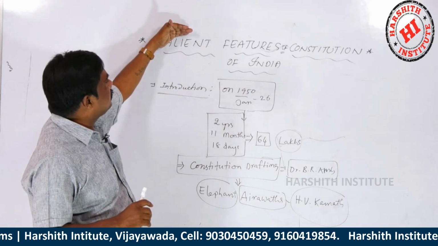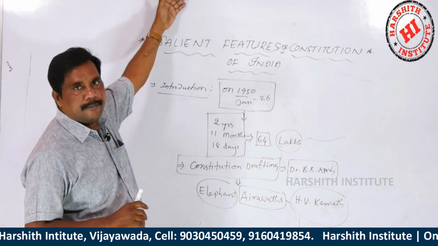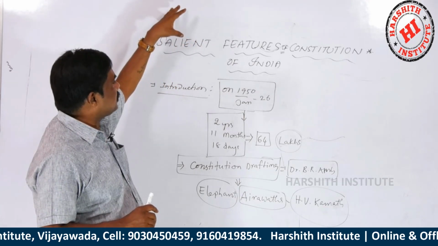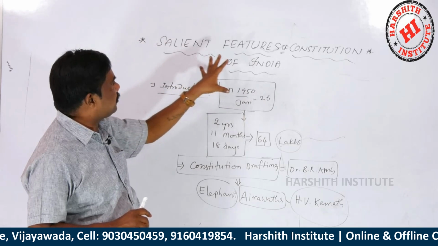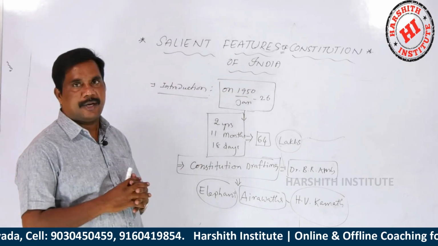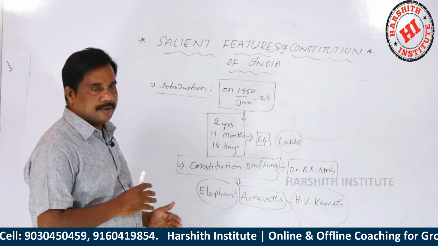Every concept was completed before this chapter. After that, we are discussing the salient features of the Indian Constitution. This is one of the important chapters, a special and separate chapter.